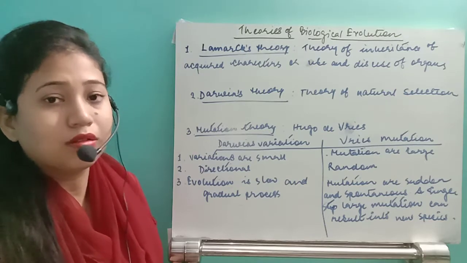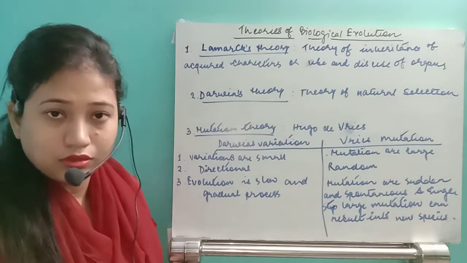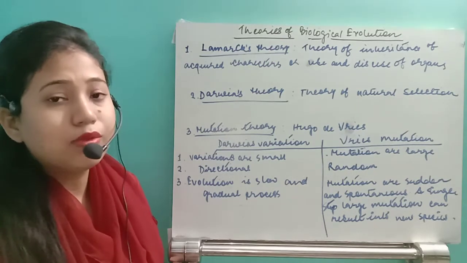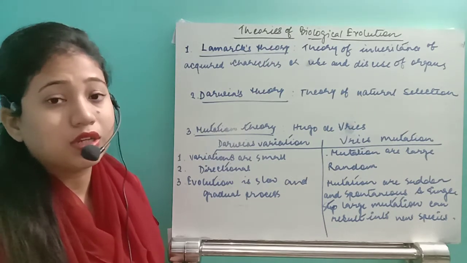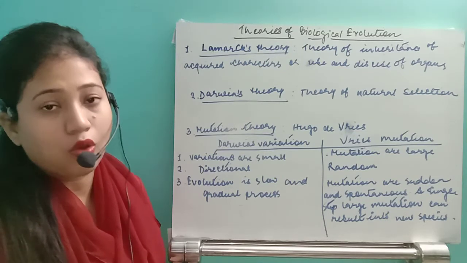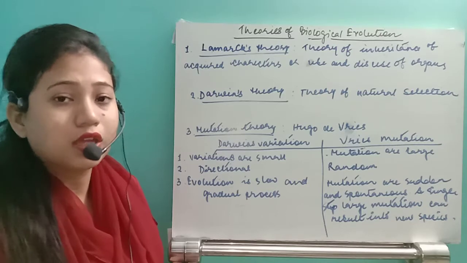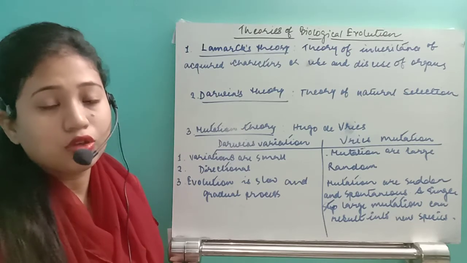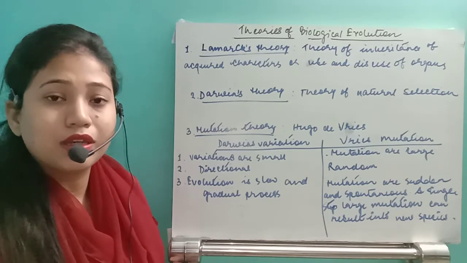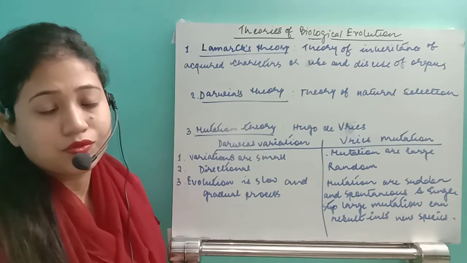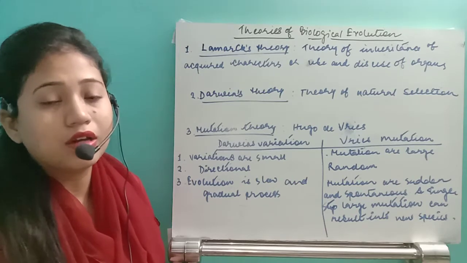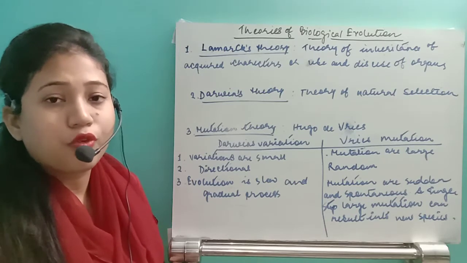Then the grazing animals, donkey-like with a small length, stretched their neck and forelimbs. Gradually the necks and forelimbs got longer, and their offspring developed with already a longer neck and longer forelimbs.